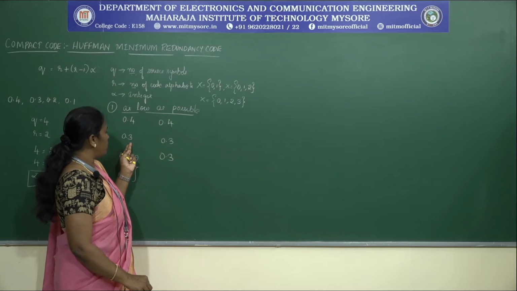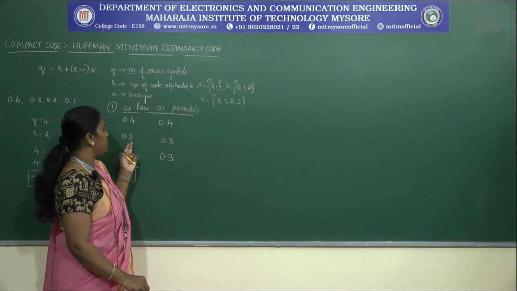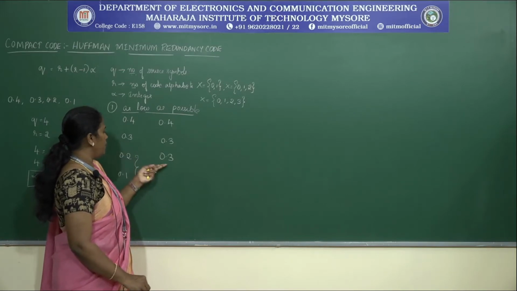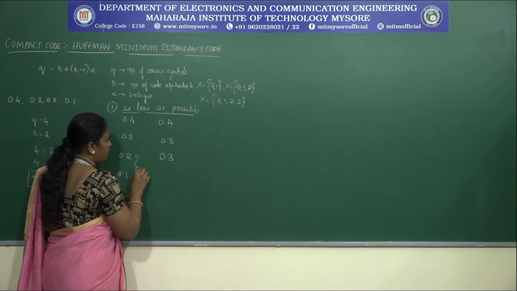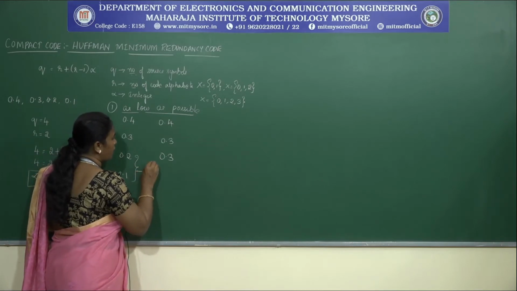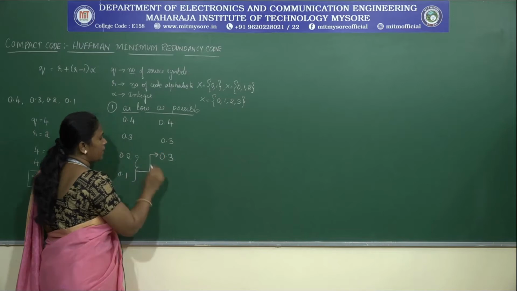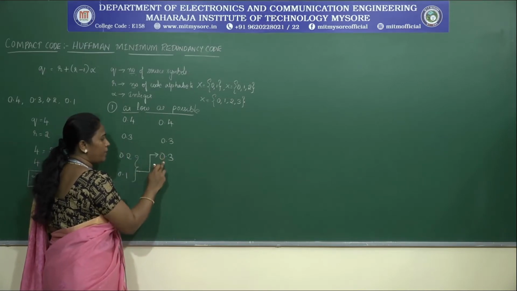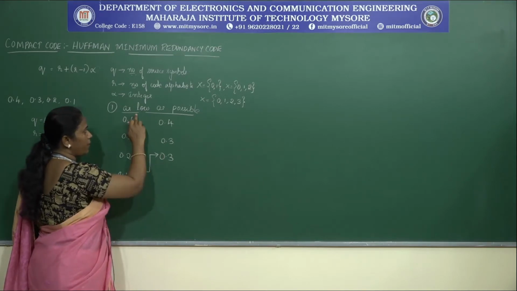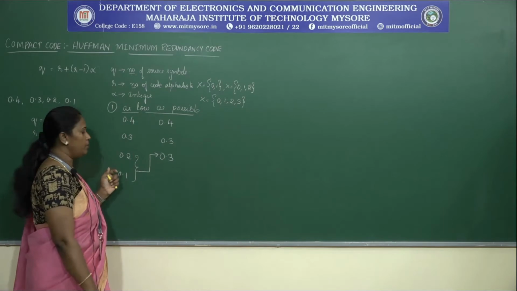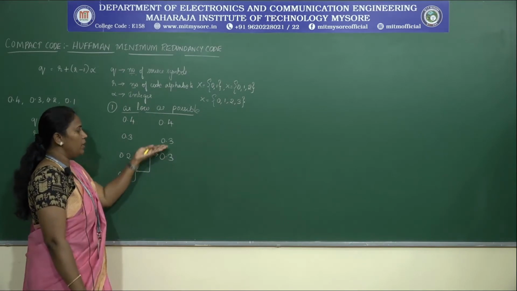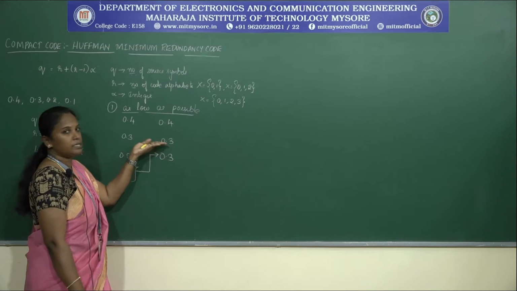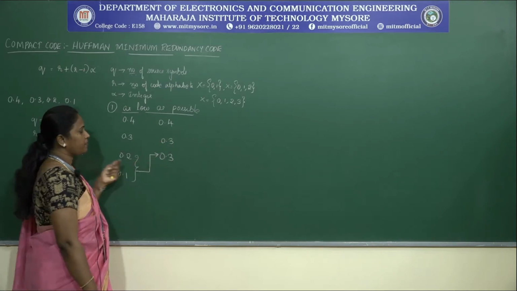We also have one more source symbol with 0.3, but whatever sum we perform, we place it below the previous probability. So we have 2 probabilities which are the same, but since we have the condition as low as possible, we place it below the 0.3 which is already the same probability.